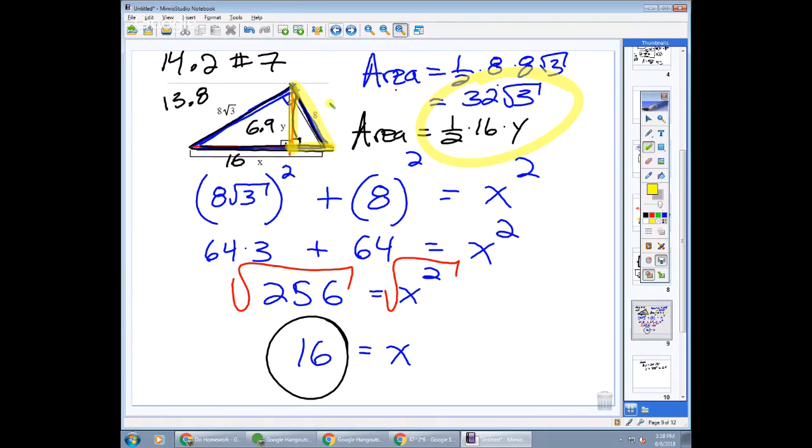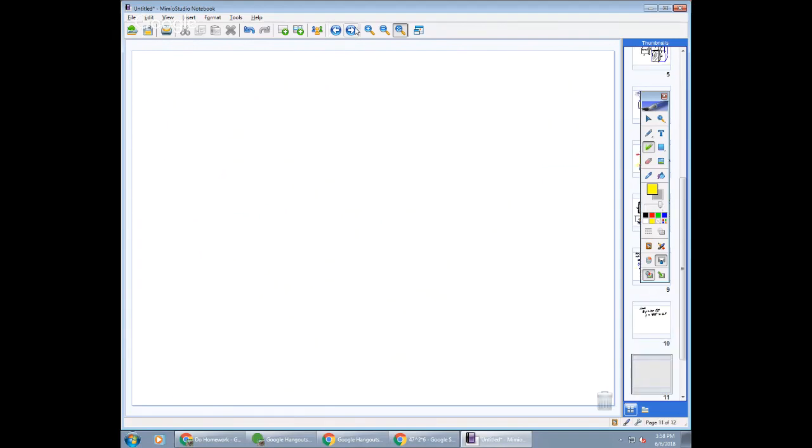Okay, let's take a look at their 30, 60, 90 triangle claim. So there must have been an example in the book that was similar to this that led them to use that. So 30, 60, 90 triangle.